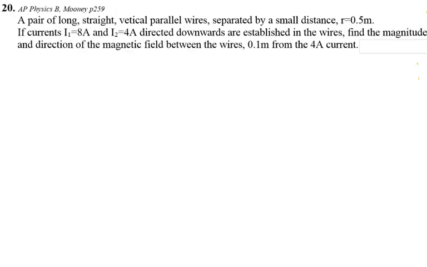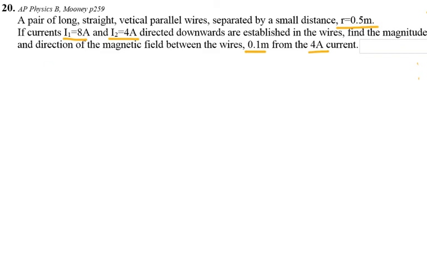Here's one question that I found in a study guide for AP Physics 2. A pair of long straight vertical parallel wires separated by a small distance of 0.5 meters. The current in one is 8 amps and the other is 4 amps, directed downwards, are established in the wires. Find the magnitude and direction of the magnetic field between the wires at 0.1 meter from the 4 amp wire.